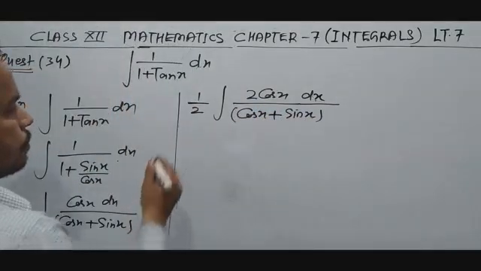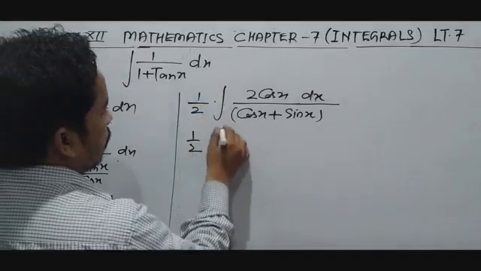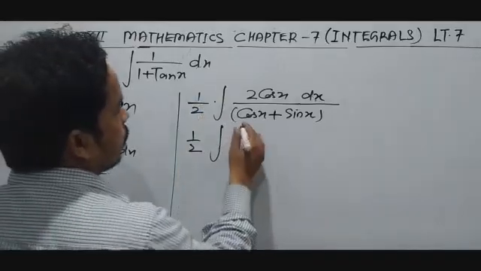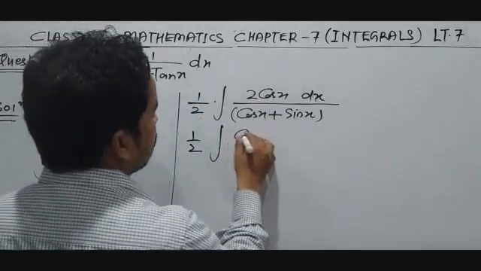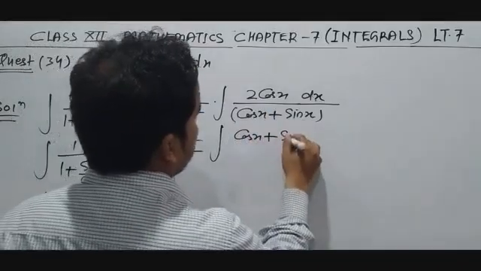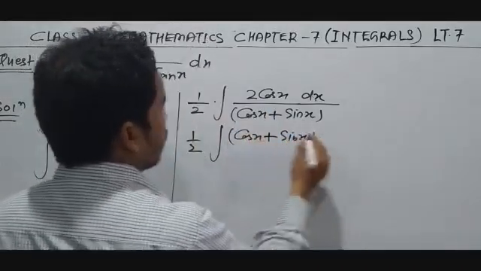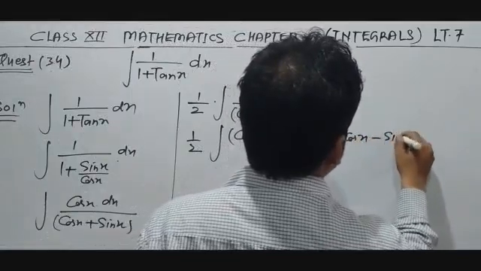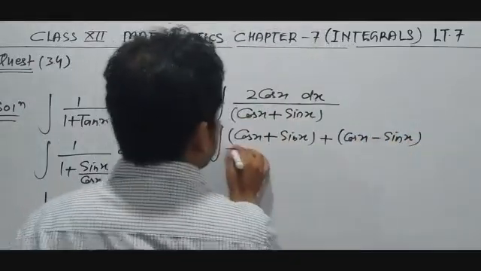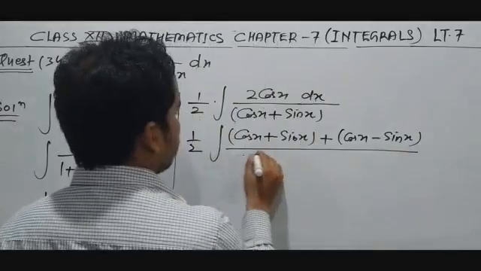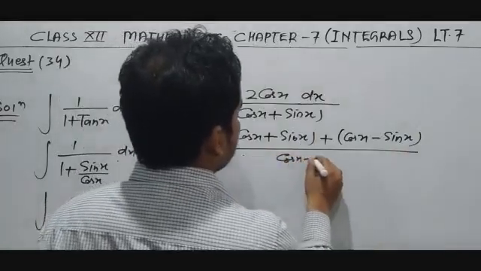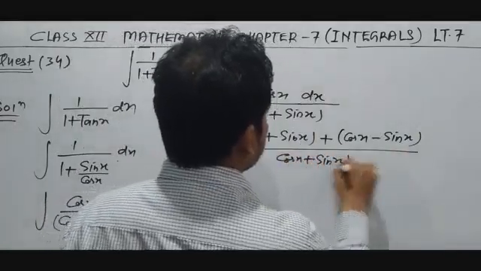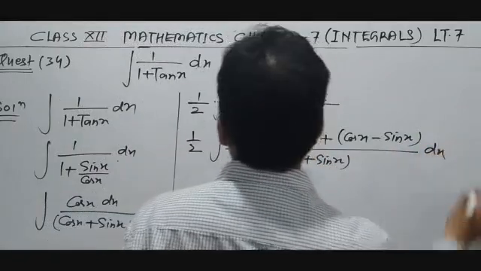Now 1 by 2 integration, these statements can be written as (cos x plus sin x plus cos x minus sin x) whole upon (cos x plus sin x) dx.